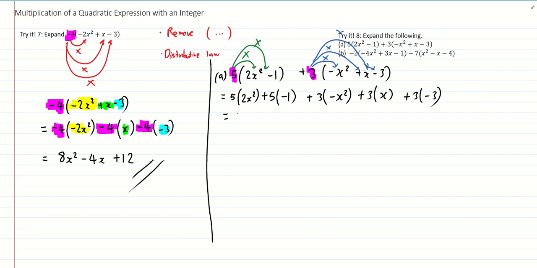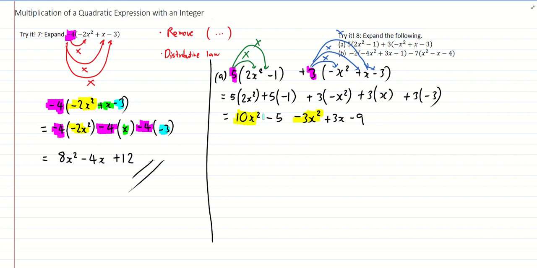So 5 times 2x squared is 10x squared plus 5 times minus 1 is minus 5 plus 3 times negative x squared, so positive times negative is negative, minus 3x squared plus 3 times x is simply plus 3x, and then plus 3 times negative 3 is minus 9. Then of course, because now we have more than one like terms, we have 10x squared and minus 3x squared.